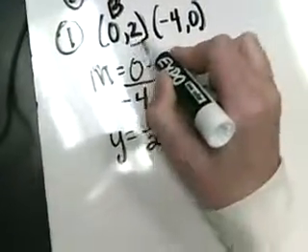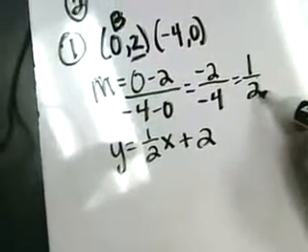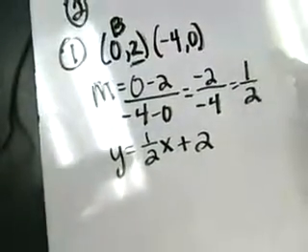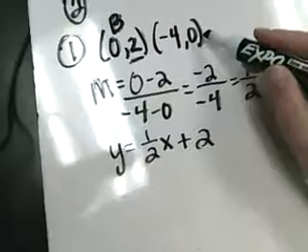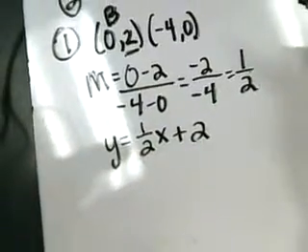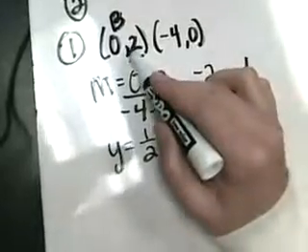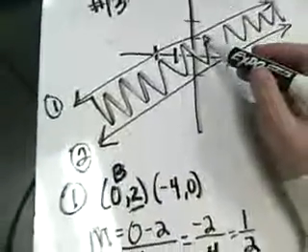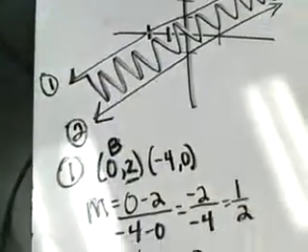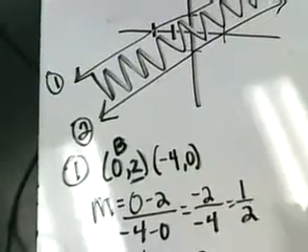Remember, my b is right here, my slope is right here. Now if you wanted to use y equals mx plus b form, pick a point, or if you wanted to use point-slope form, that's fine too. You would have gotten the same answer, okay? But if you recognize that you have the b because it crossed the y-axis up here, that'll make life a little easier for you, okay?